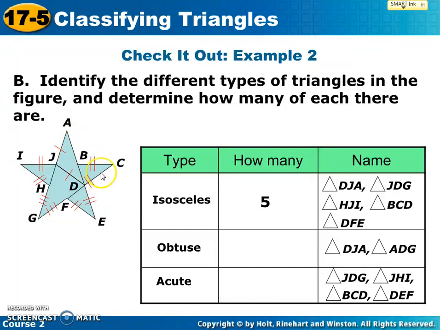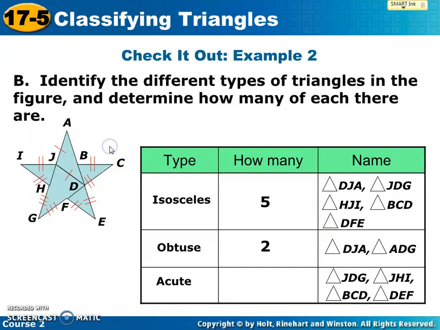We have BCD, this little edge here. We have HJI right here. And we already did the DFE. We have the JDG, this big one in here. So there's 5 of those.